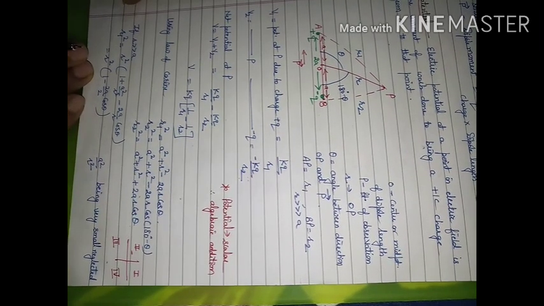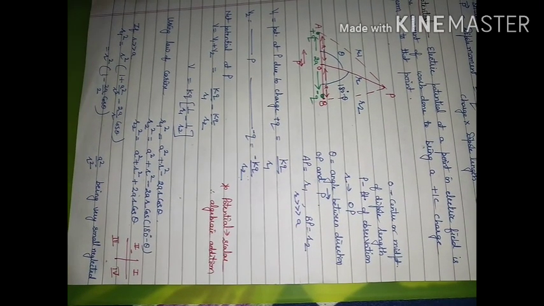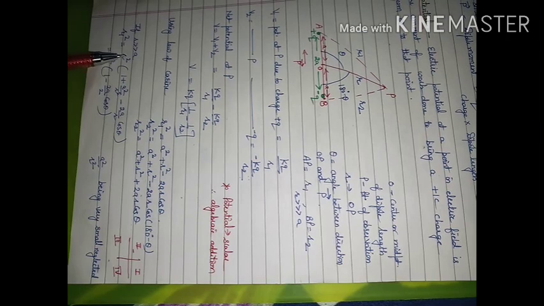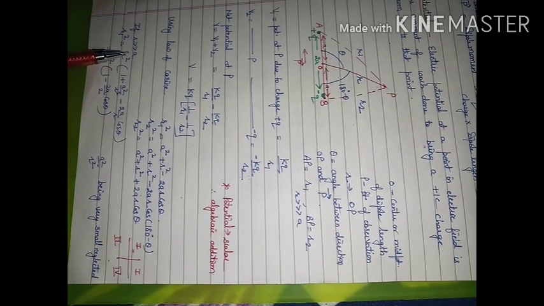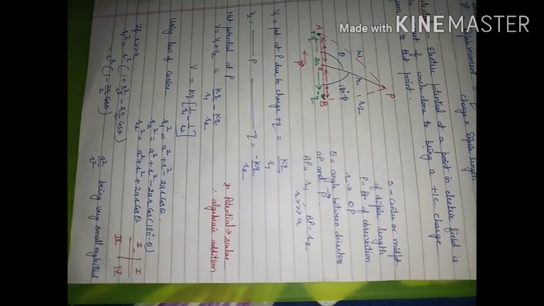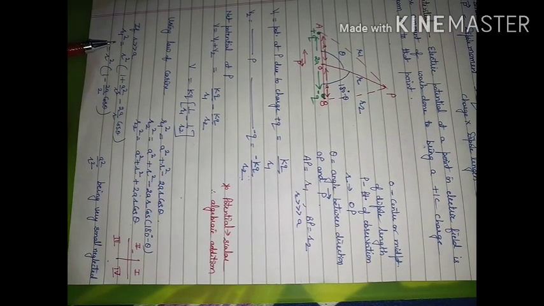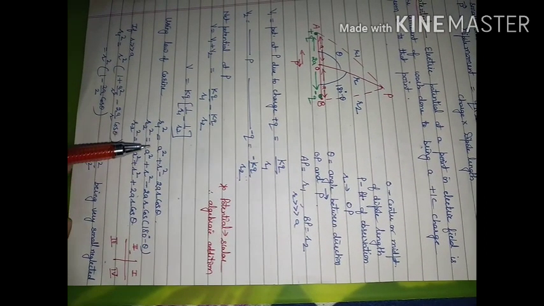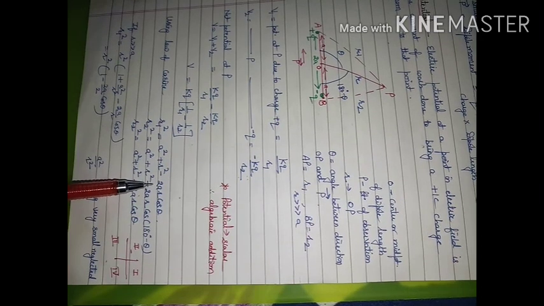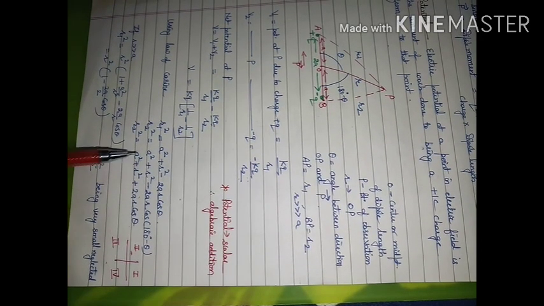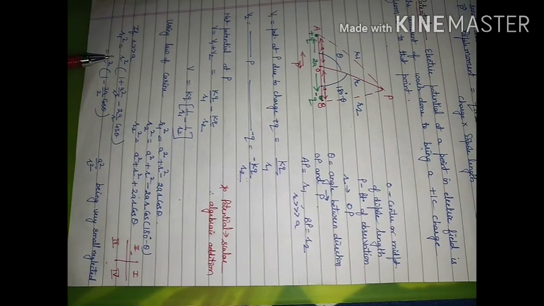If r is very large as compared to a, we have considered a short dipole. So dipole length is very small as compared to this r. So the same concept we are using here. r1 square is equal to a square plus r square minus 2ar cos theta. From this equation we will take r square outside.